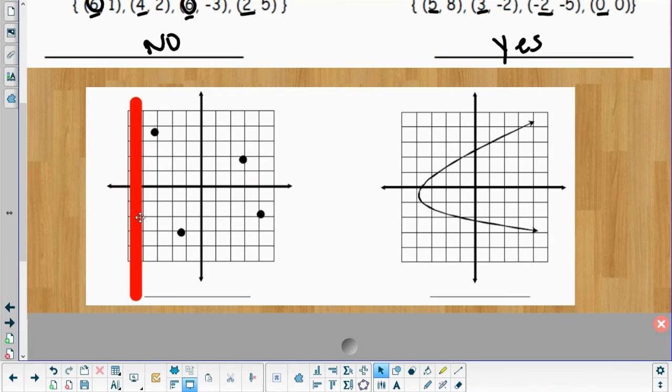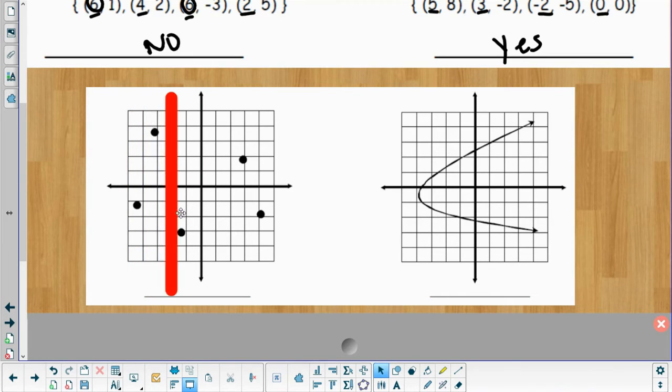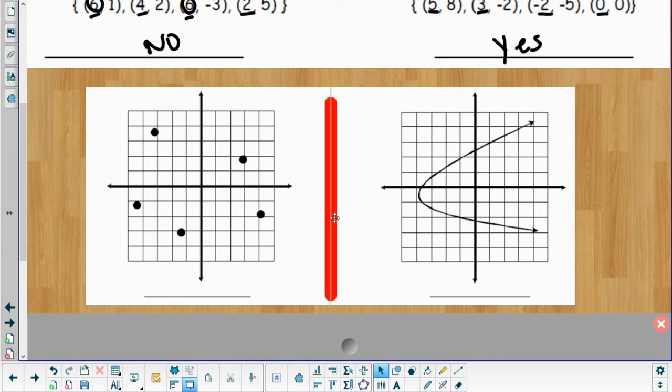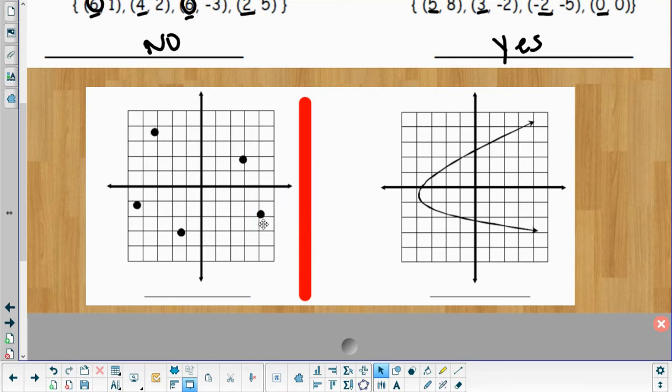So I put it right here. There's only 1 point. 1 point. 1 point. I'm going to keep on sliding. 1 point. 1 point. There's no duplicate points on the X's. So it's not like there's 2 points directly above each other. So this one passes the vertical line test. So we can say, yes, it is a function.